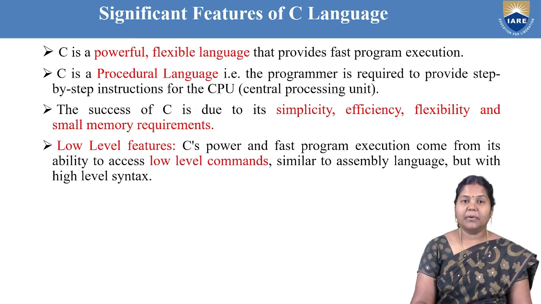C's powerful and fast program execution comes from its ability to access low-level commands, that means the commands which are used for accessing or interacting with the hardware. It has a few features which are similar to assembly language, but most of the features are related to high-level language. So, C is known to be a high-level language.